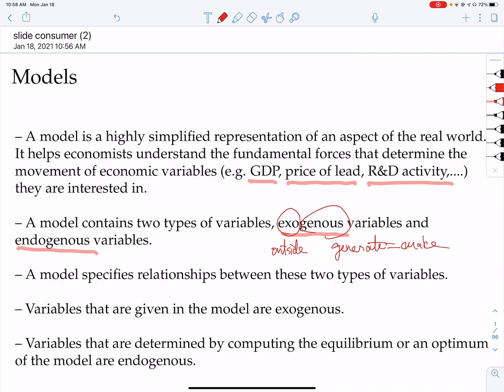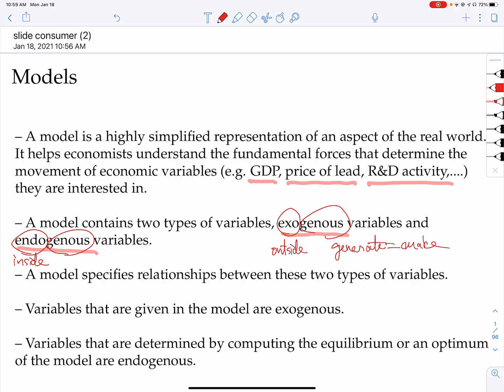So the exogenous variables are the variables set up outside the model. This is given outside the model. And the endogenous: endo means inside, and genus means the same thing. So these are the variables made inside.